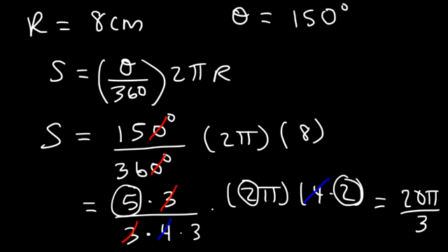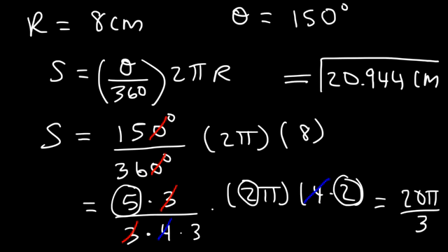Now, pi is about 3.14159. If I multiply that by 20 and divide it by 3, I'm going to get the same answer, 20.944. And that's the arc length in centimeters. So there's two equations you need for arc length.